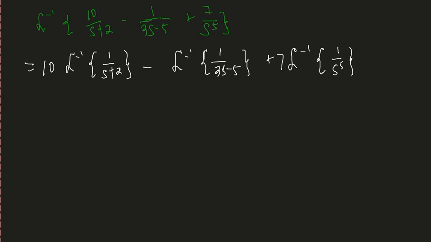Okay, so we can go back based on the concept discussed earlier. So this is exponential directly. So we will have 10 times e raised to, since plus, this will be equal to negative 2t, minus.